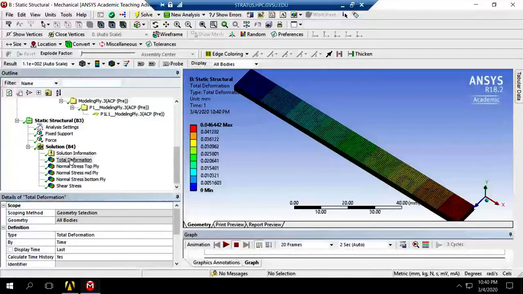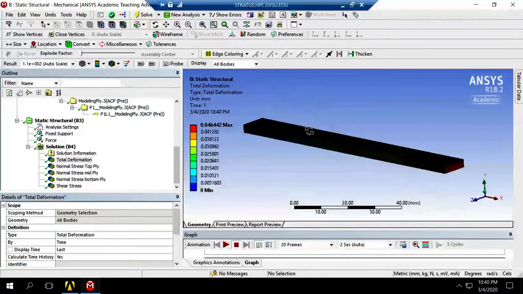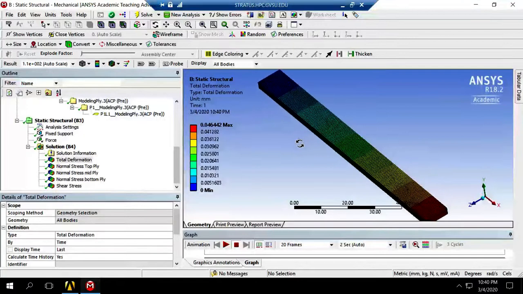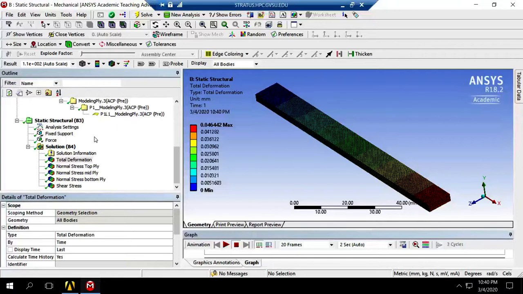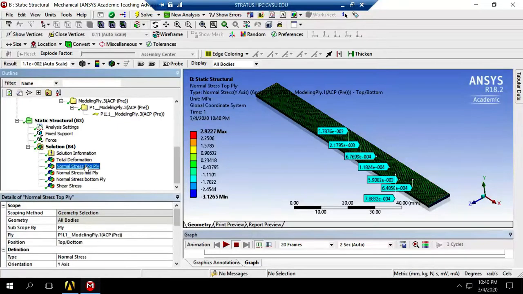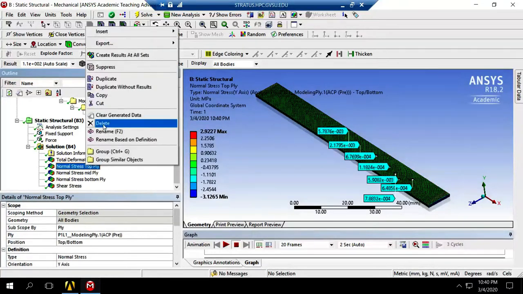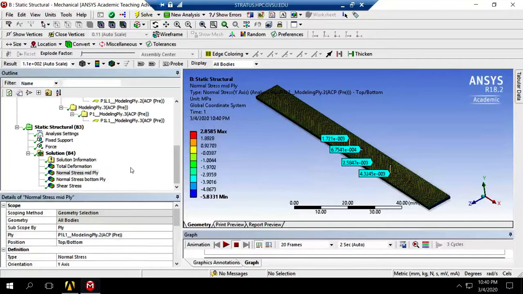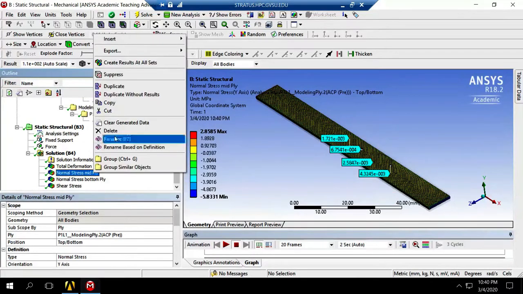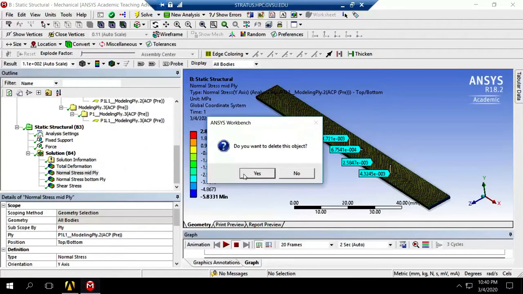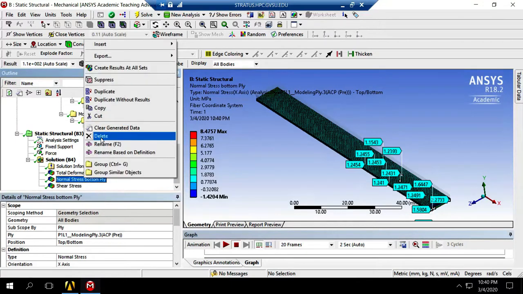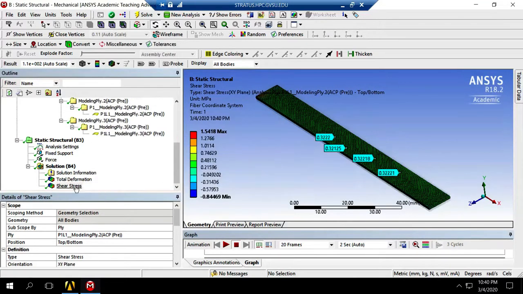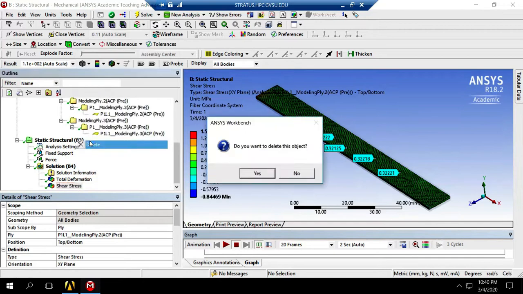Alright, so let's say after you do this analysis, we want to see the stresses layer by layer and see how they make sense. So let me delete what I have generated before so that I can remake them again, so that you guys can see the process.